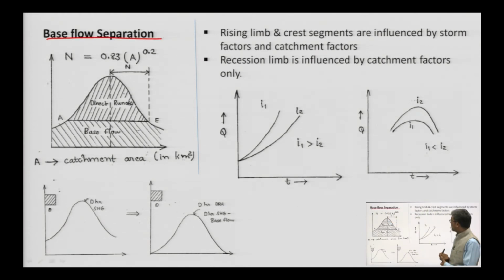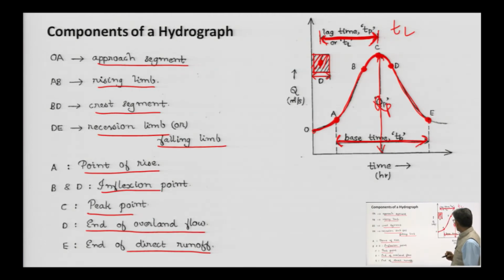Base flow separation. Point A and point E. I told you in the previous slide that A is the point of rise, and E is the end of direct runoff.